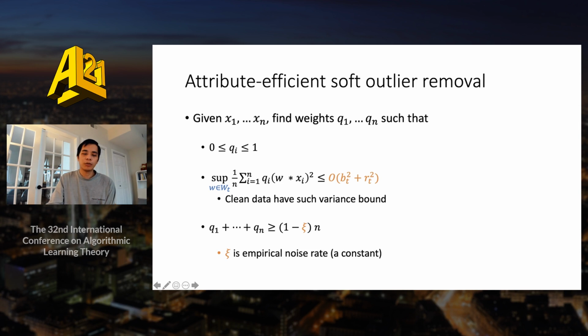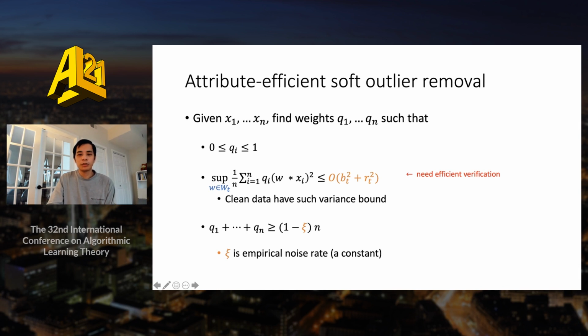Of course, we cannot push all the q_i to 0, otherwise there's no information from q_i. Here we suppose psi is the empirical noise rate. You can think about it this way: we have (1 minus psi) times n clean data points, and q_i is the indicator function of clean data. So the sum of q_i is supposed to be greater than (1 minus psi) times n.